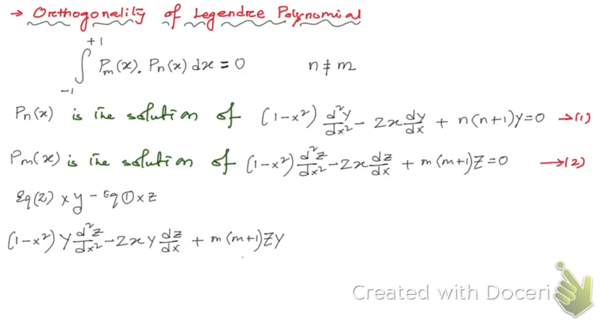Then we need to subtract the left hand side of equation 1. Let me copy this part. Here is the left hand side of equation number 1. Now you see what we have done here. We are multiplying z with equation number 1. So we put z here, and in the second term as well, 2xz.